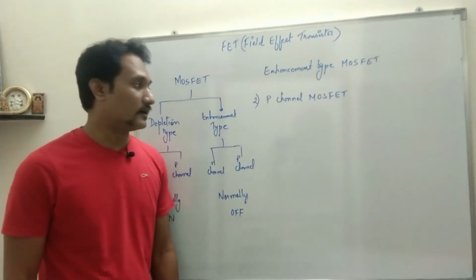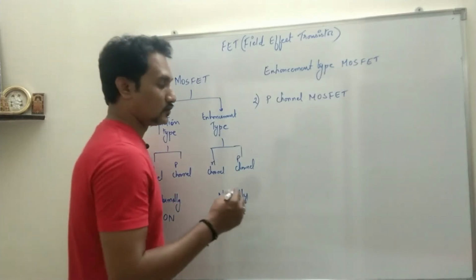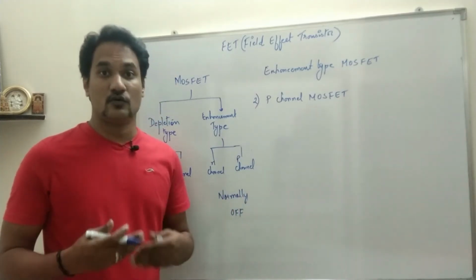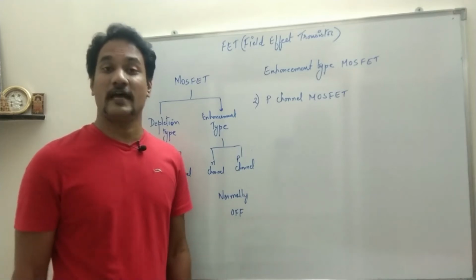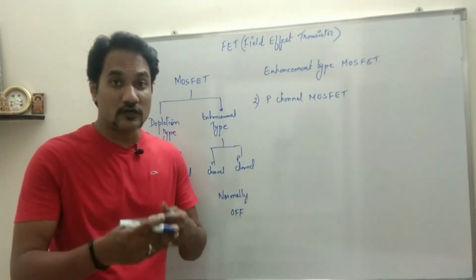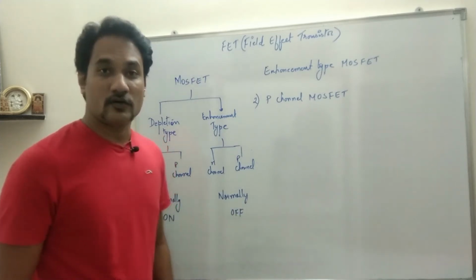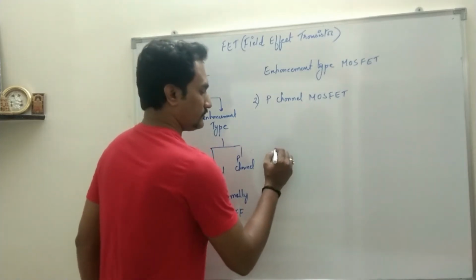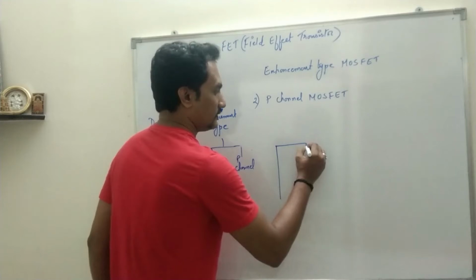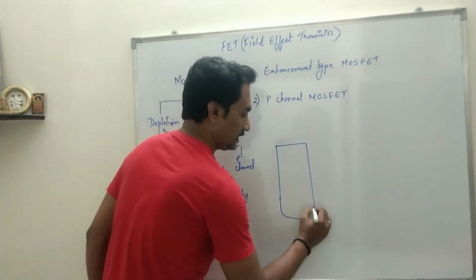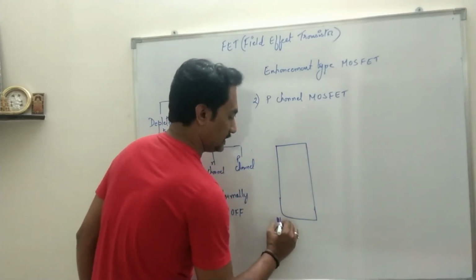Okay, so now as you already know the construction and working of the N-channel MOSFET, you have to keep on interpreting what I am trying to design. So the first thing is you have to take a P-type semiconductor.